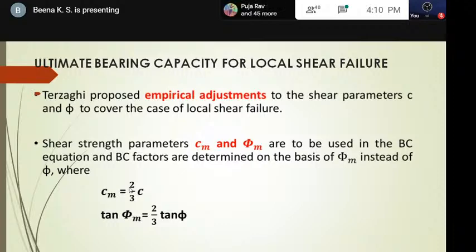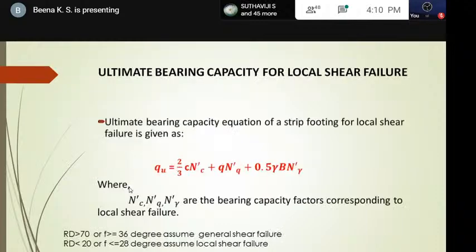The condition based on which the equation is derived is for the general shear failure case, and then he has extended it to local shear failure by introducing the terms c dash, Nc dash, Nq dash, N gamma dash, etc. There we have seen for relative density greater than 70, or phi value greater than 36 degrees, we assume general shear failure, and for relative density less than 20 and phi less than 28, we assume local shear failure.